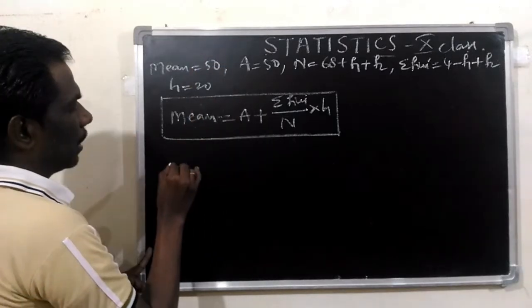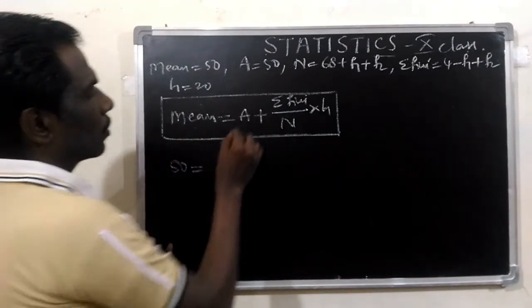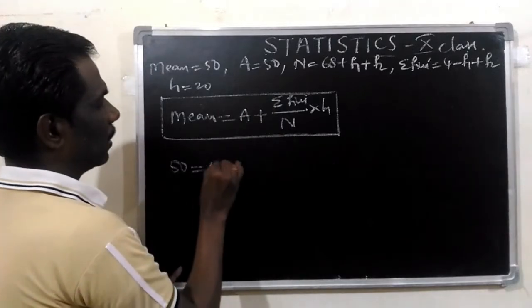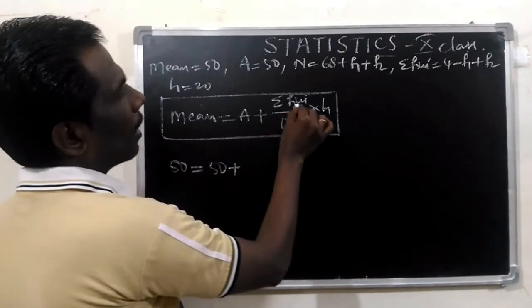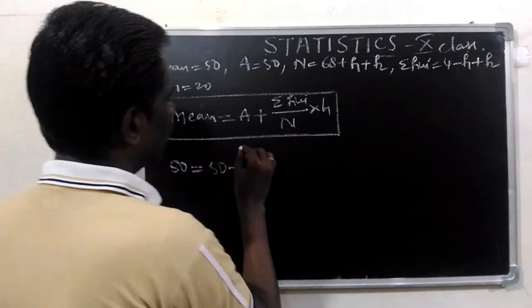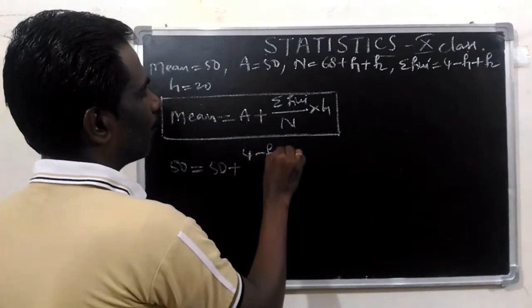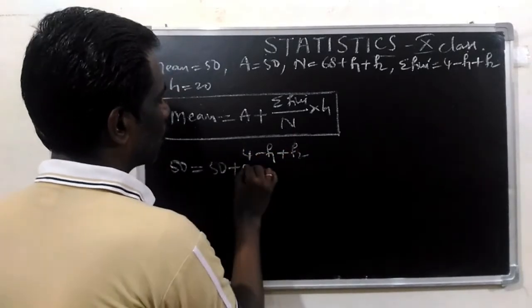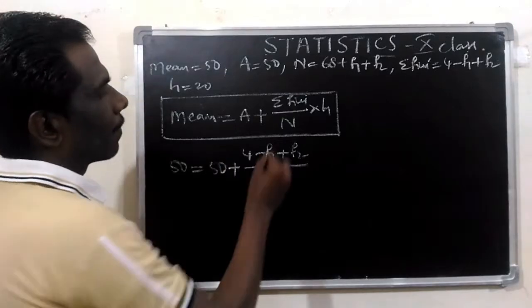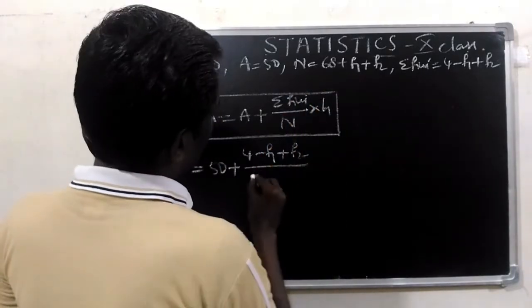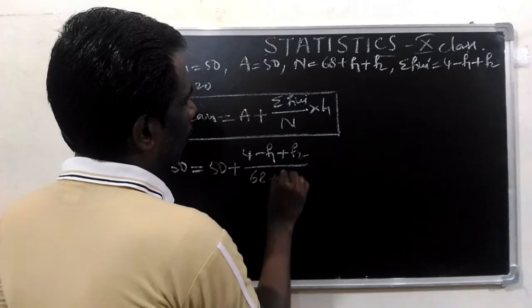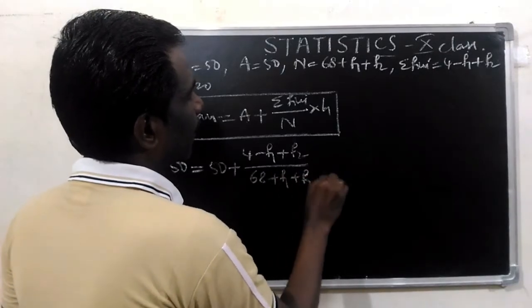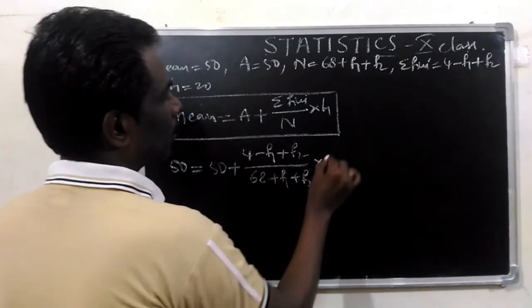Mean is 50, equal to a which is 50, plus sigma fi ui, that is 4 minus f1 plus f2, divided by n, that is 68 plus f1 plus f2, into h, which is 20.